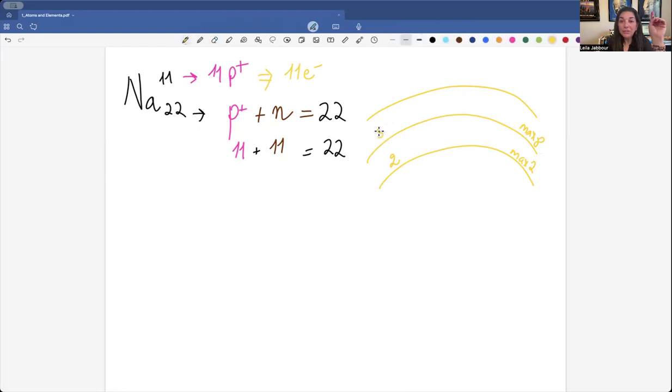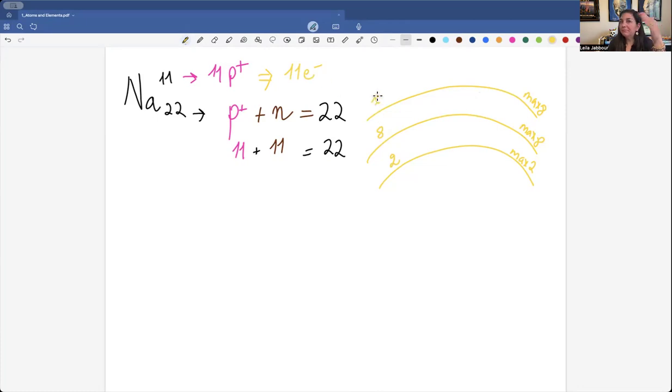We can put 8 of them here, and then you have 1 lonely electron on the third shell. So the third shell can take maximum 8. From now on, it's maximum 8. Second, third, fourth, maximum 8. But we don't have 8. We only have 1. Right? We only have 1 left. 2 plus 8 is 10. But we have 11 electrons, so there's 1 more.